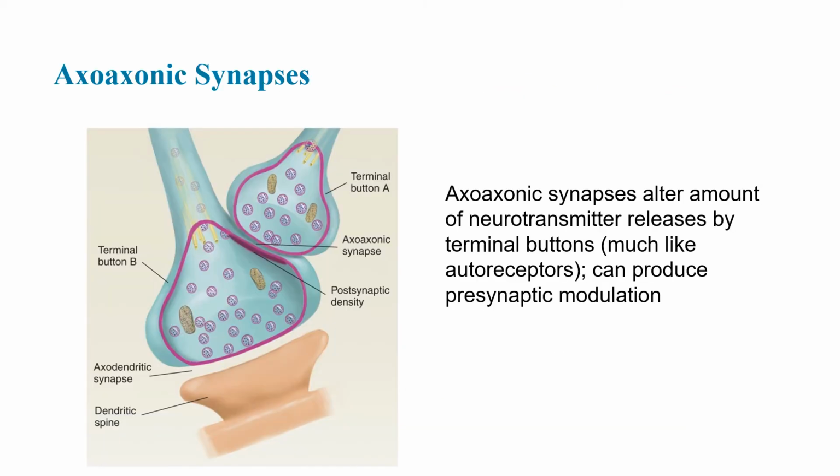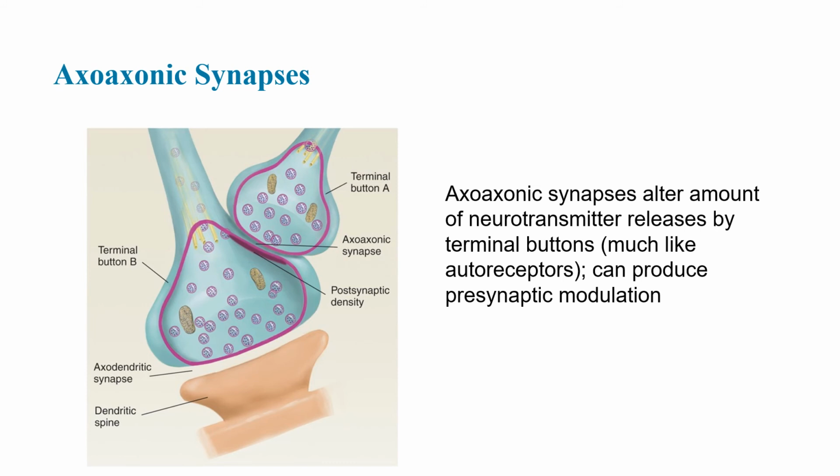Let's talk about a special case. I told you we'd come back to this, and that's axoaxonic synapses. Why are we talking about them now? Because they actually act in a way like those inhibitory or excitatory postsynaptic potentials.